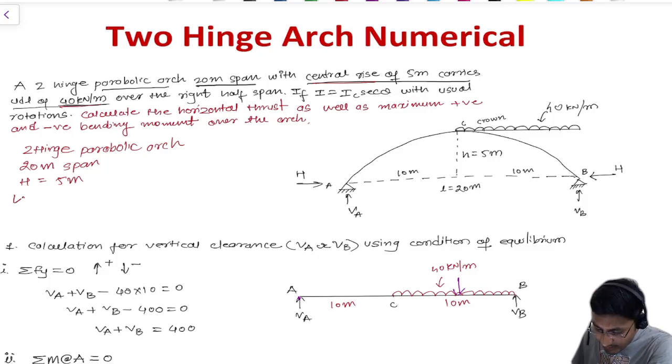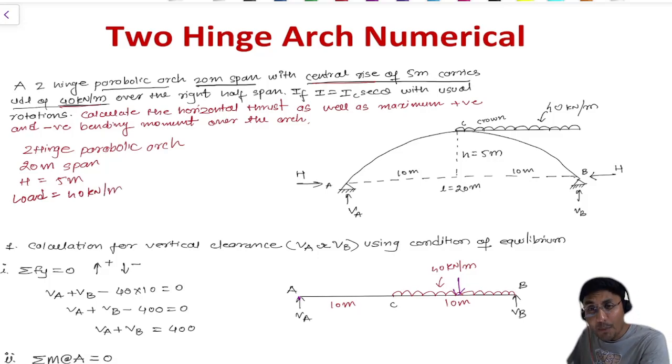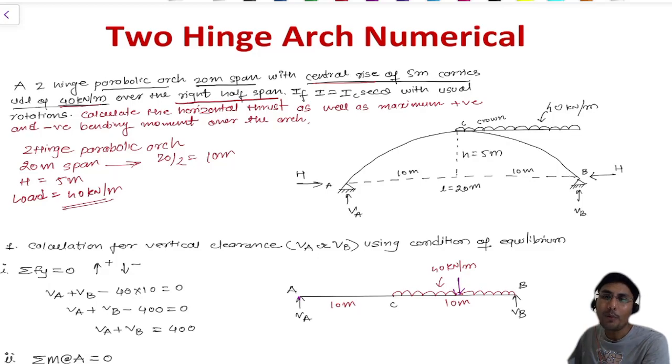But they have mentioned 40 kilonewton per meter over the right half span. The total distance is 20 meters, so half is 20 divided by 2, which means 10 meters. So only on 10 meters do you need to provide 40 kilonewton per meter of load.